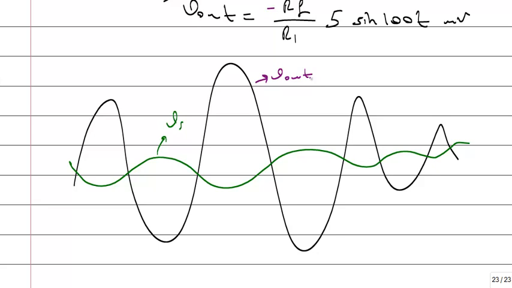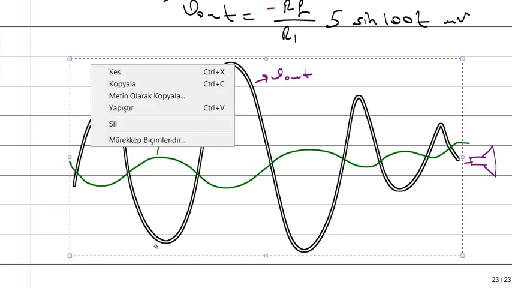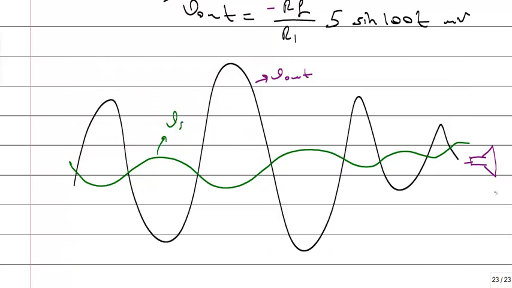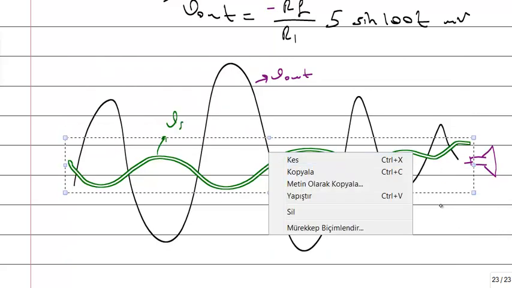Okay, inverted by the x-axis, and it's amplified. If you use a speaker, for example, here, okay, if you connect a speaker, these two, you will hear the same sound, same speech. Okay, and this will be louder. This will be silent. Okay.